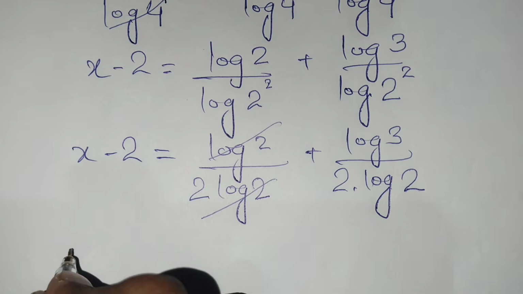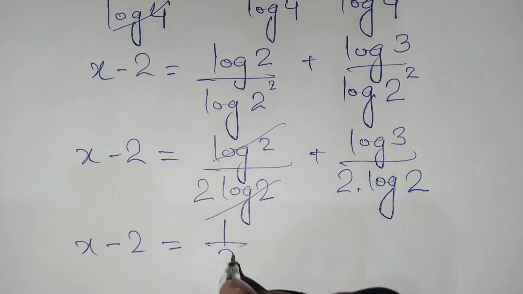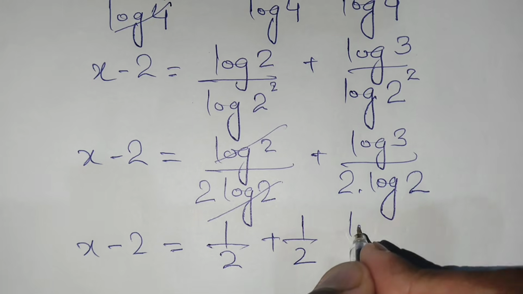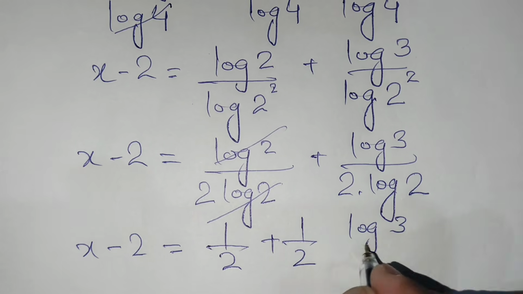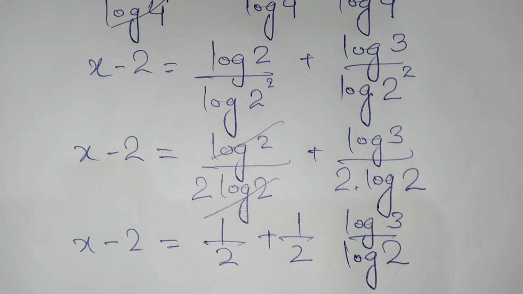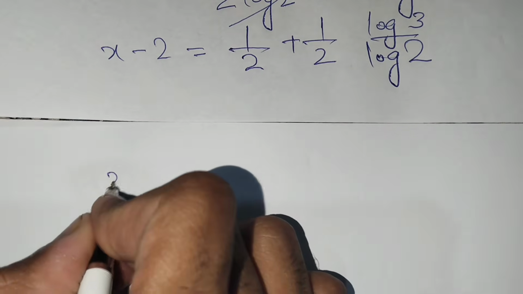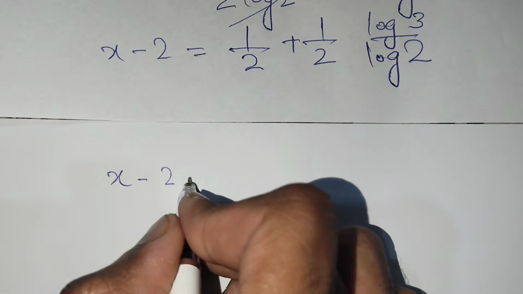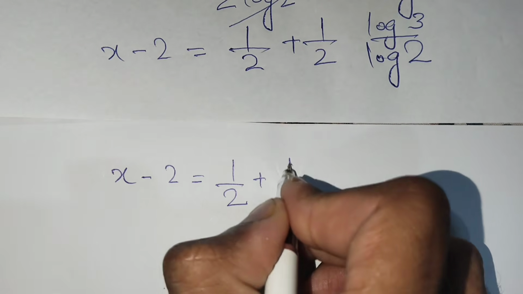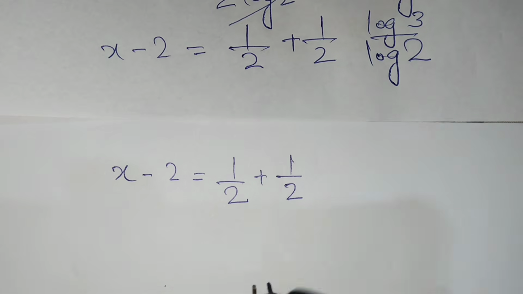We have x minus 2 equals 1 by 2 plus 1 by 2 log of 3 over log of 2. So x minus 2 equals 1 by 2 plus 1 by 2 log of 3 by log of 2.